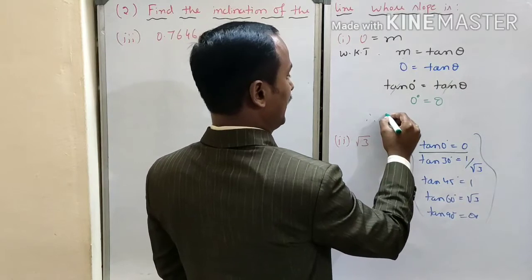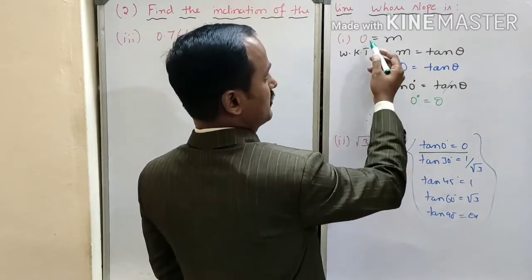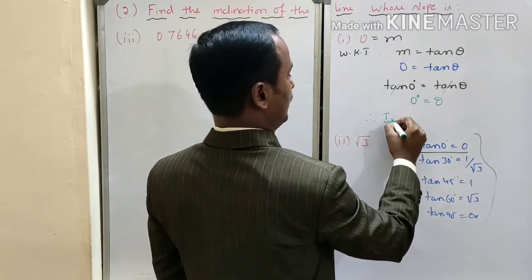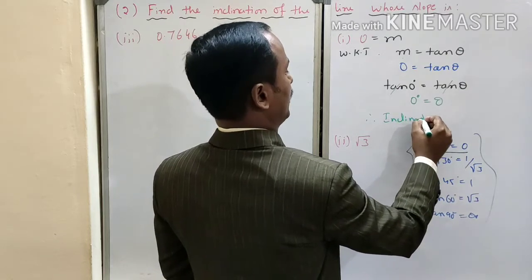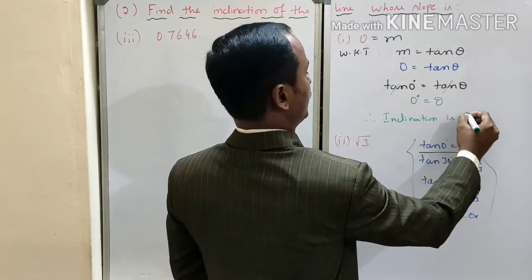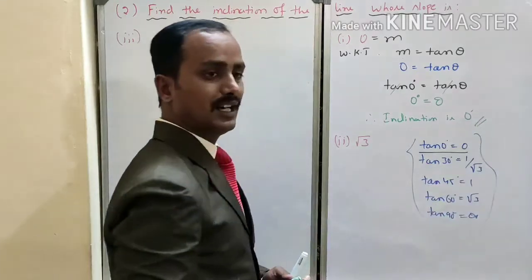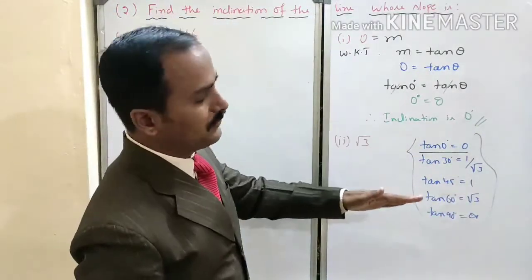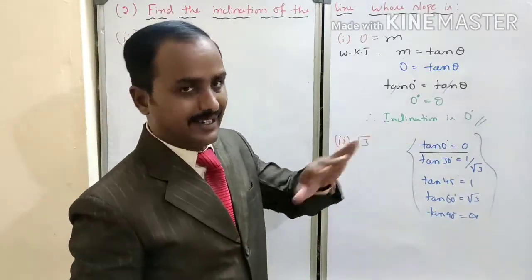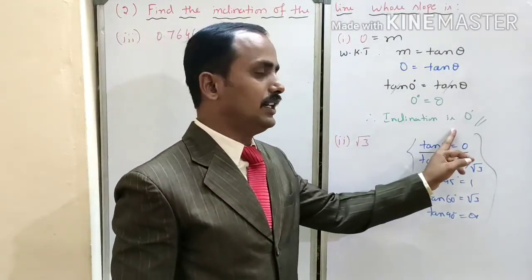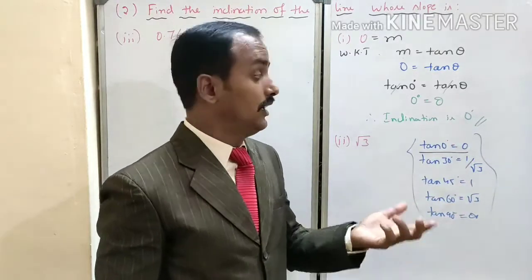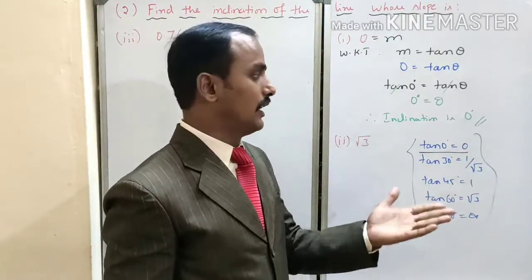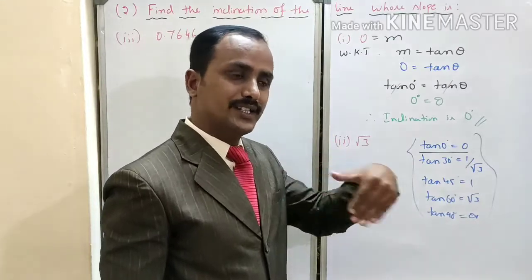Finally, the conclusion: in this given slope 0, the inclination is 0 degree. Inclination 0 degree means the straight line coincides with the x-axis or is parallel to the x-axis. Based on that, inclination explains that the line is parallel to the x-axis or coincides with the x-axis.